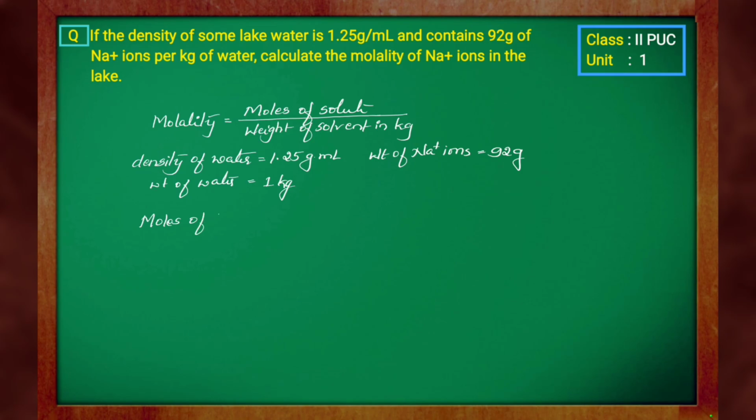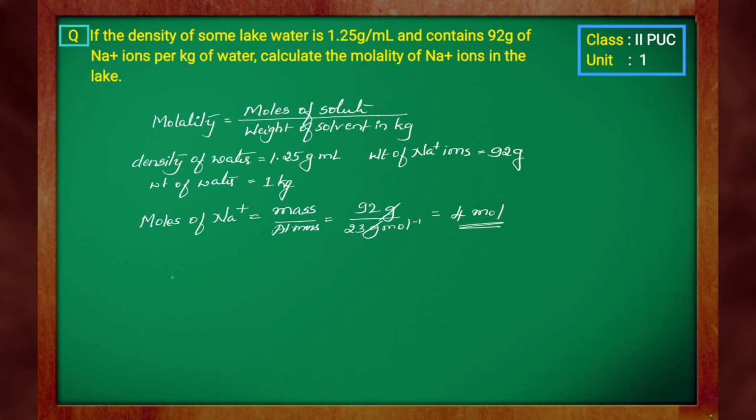So moles of Na plus is equal to its mass by atomic mass, which is equal to 92 grams divided by 23 grams per mole, which is 4 moles.